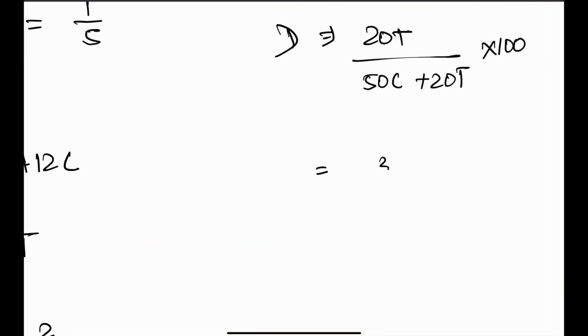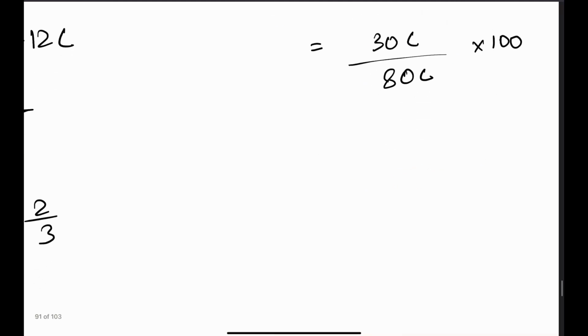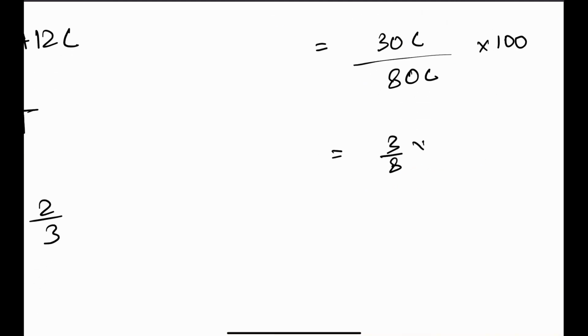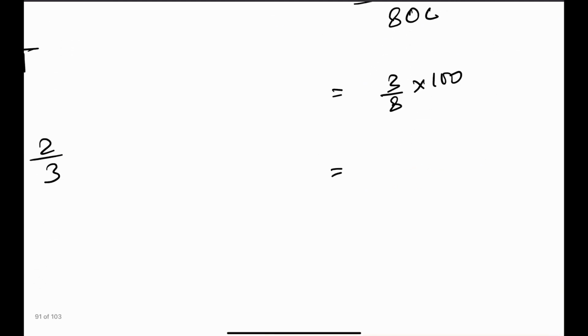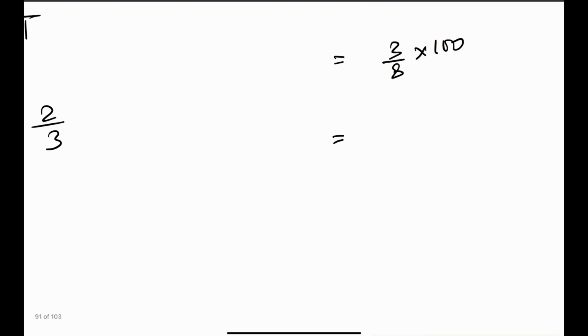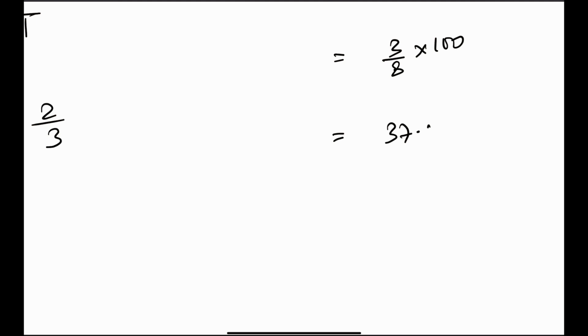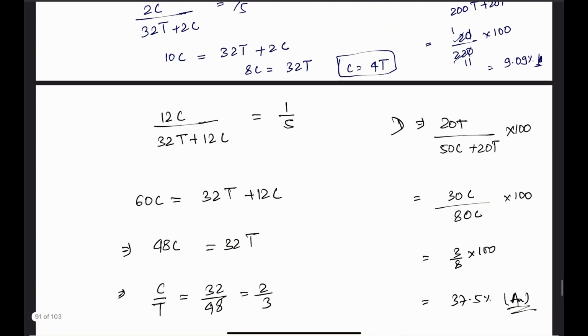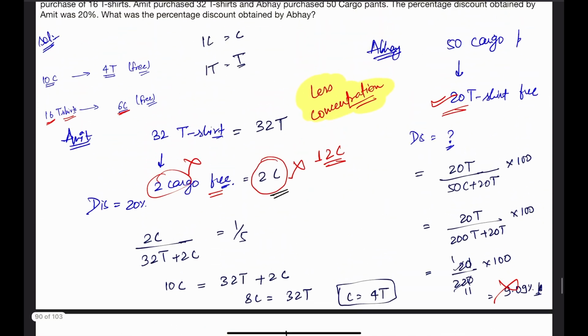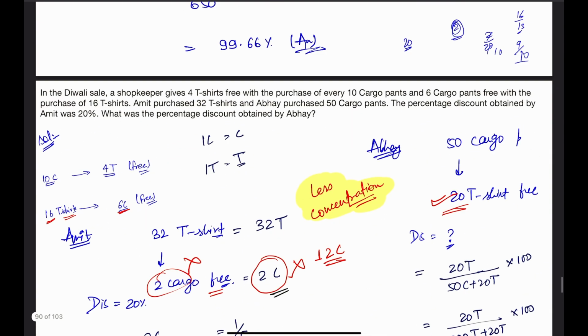So here it will be 30c upon 80c into 100. So this is nothing but 3 upon 8. 3 upon 8 in percentage terms: 1 upon 8 is 12.5. 12.5 into 3 is 37.5%. That's the answer of this question. This is the wrong one. So the answer of this question is 37.5%.